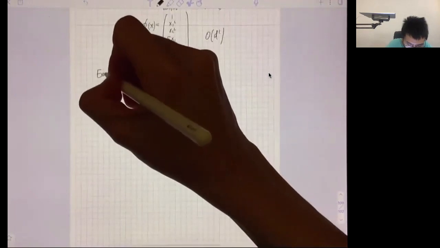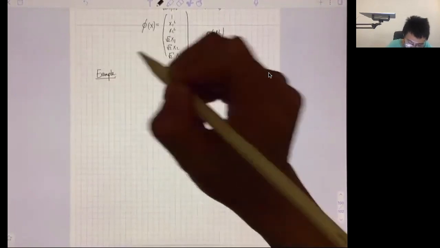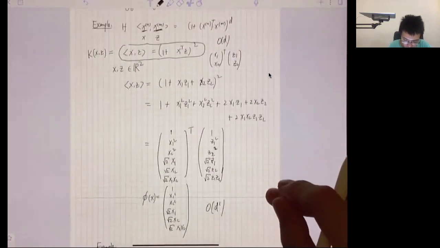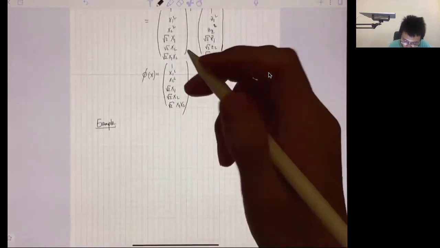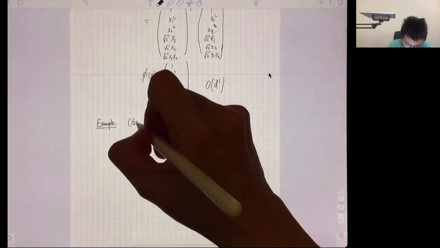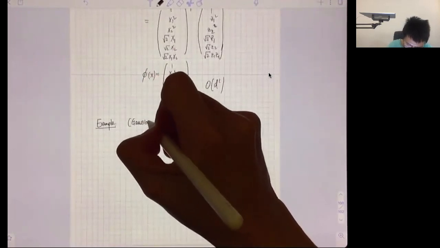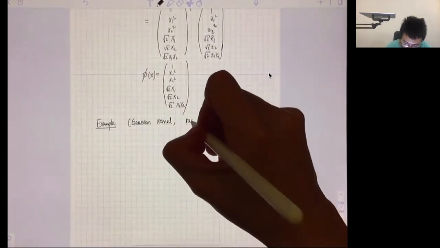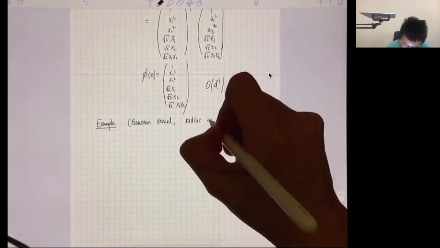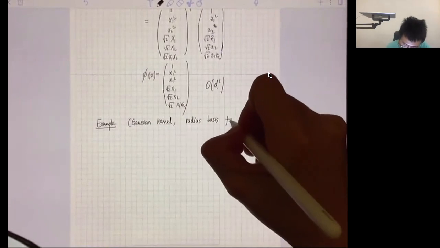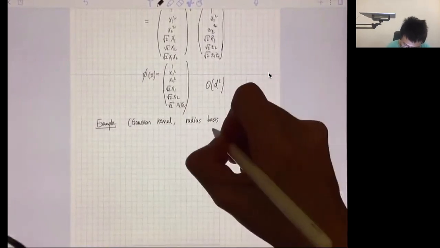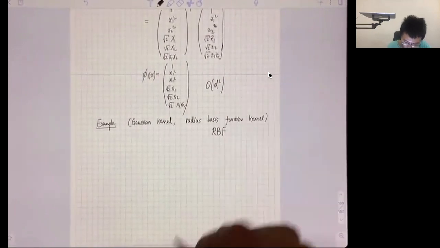And another example, which is known as the Gaussian kernel, or it's also known as the radial basis function kernel, or the RBF kernel.